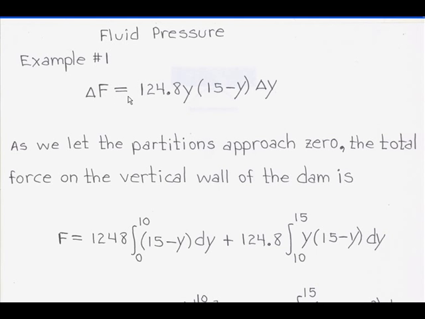So delta F is equal to 124.8 times y times 15 minus y times delta y.